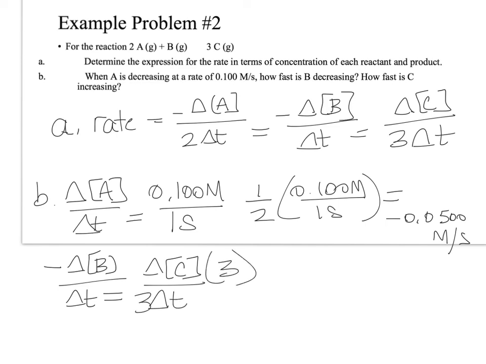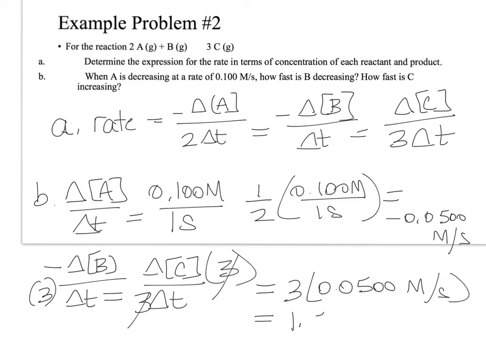So we would multiply both sides by 3 here. In other words, 3 times 0.05 molarity per second is equal to 1.5 molarity per second.